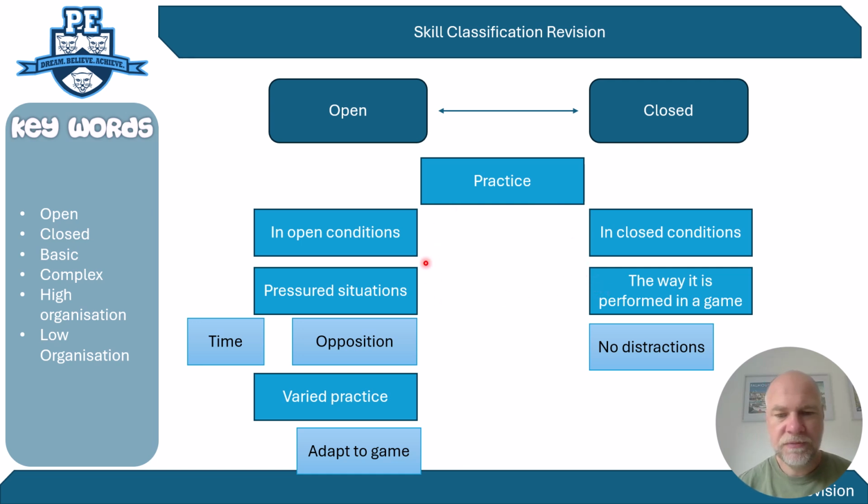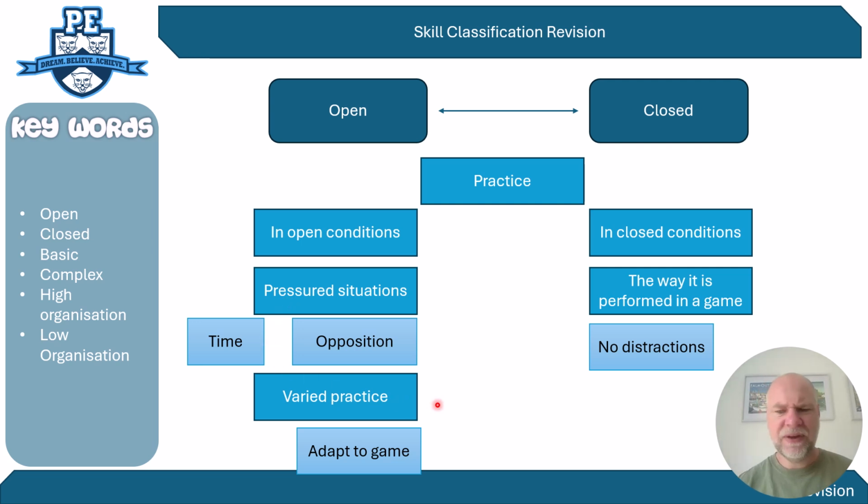So if we're looking at open, the sort of things you could put in place is putting pressure on the performers, and that could be in terms of putting time limits on it, or adapting timing of movements and things like that. Or you could look at introducing opposition.